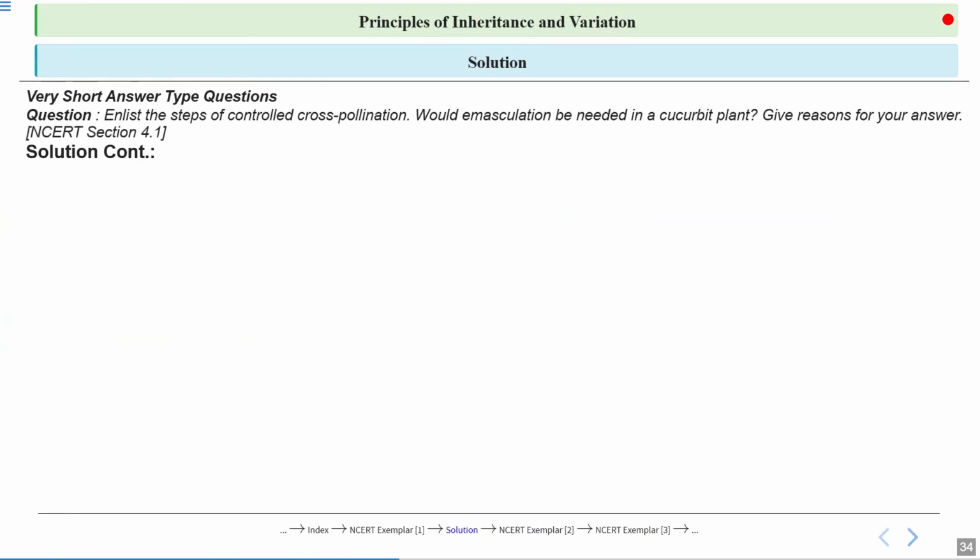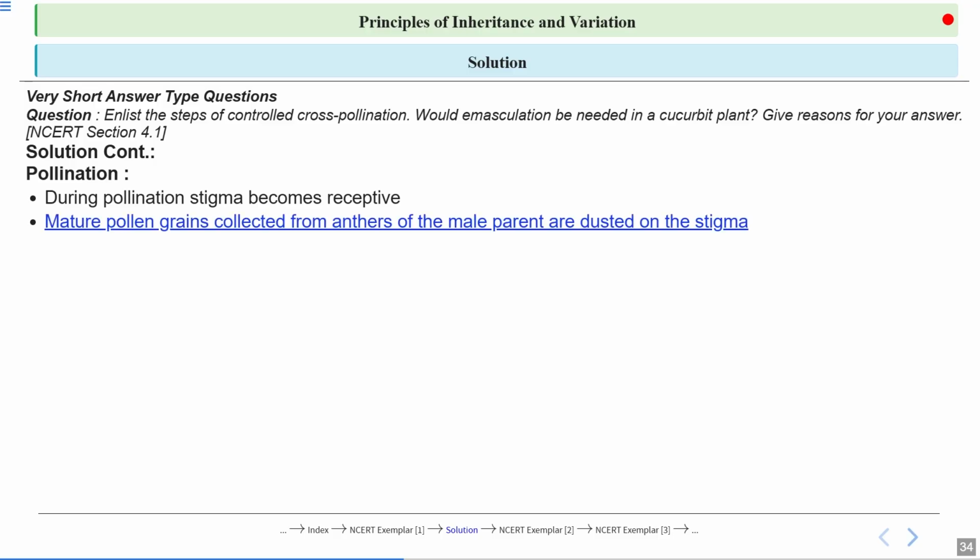Then next step is pollination. So the pollen from the desired male parent is collected from the anthers and dusted on the stigma of the emasculated flower.